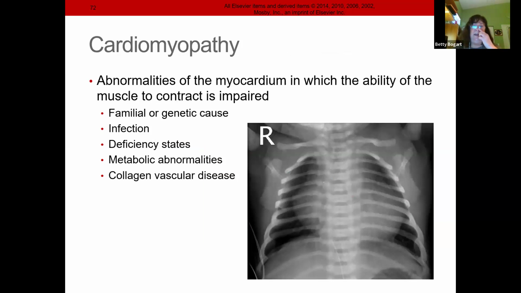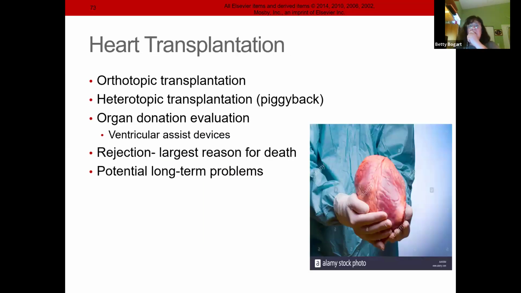Cardiomyopathy, as I said, is usually an infection. As I said, viral is one, but it could be, let's say, lupus, right? Lupus can affect the heart, so metabolic or collagen. Now, cardiomyopathies, we can tune them up. We can make the hearts beat good for a while, but it's still going to keep failing.